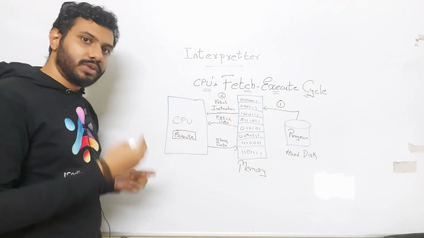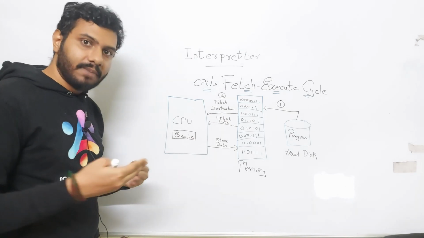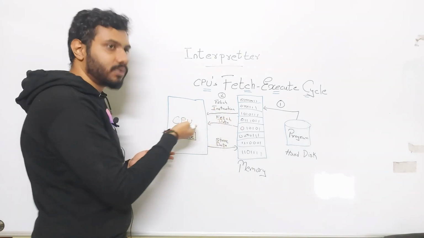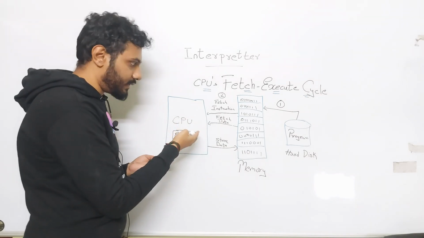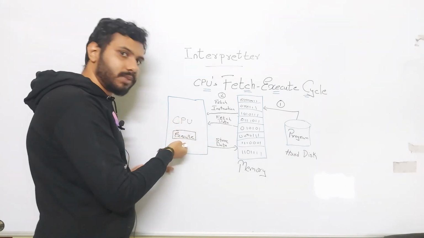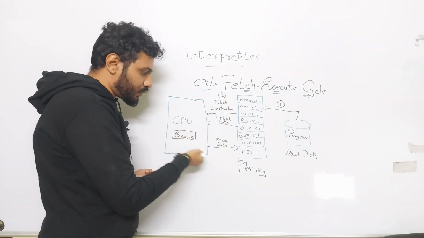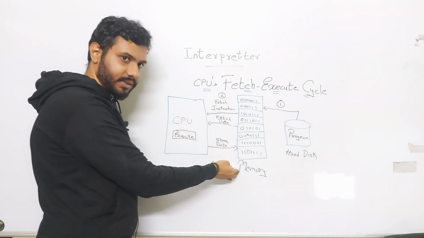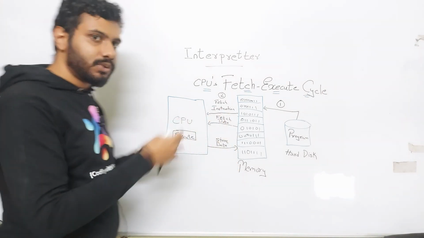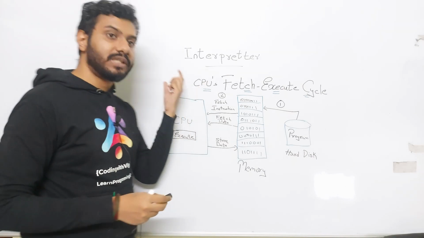During execution you need data like variables, so during execution data is also fetched simultaneously. Once that instruction is fetched and executed by the CPU, the result is stored in the memory itself. This is how the fetch and execute cycle works for a CPU.